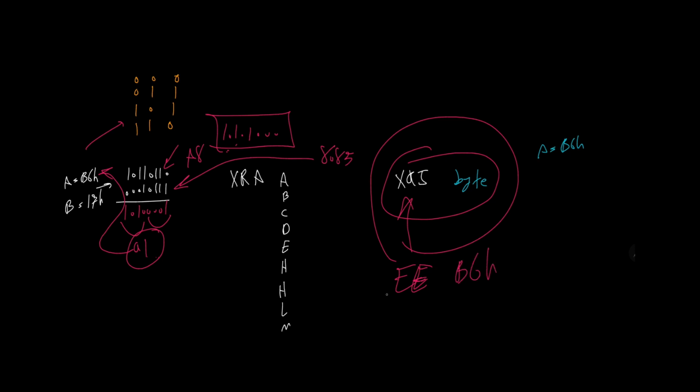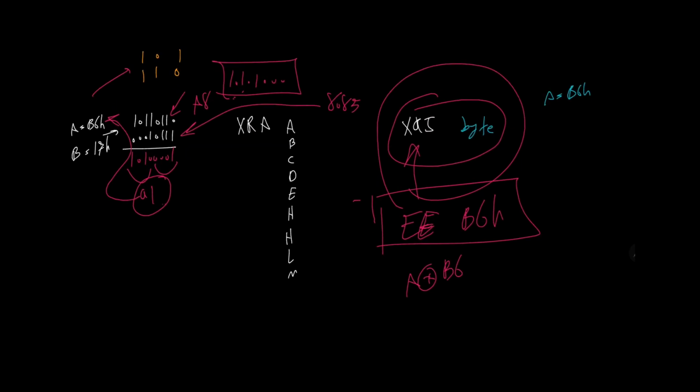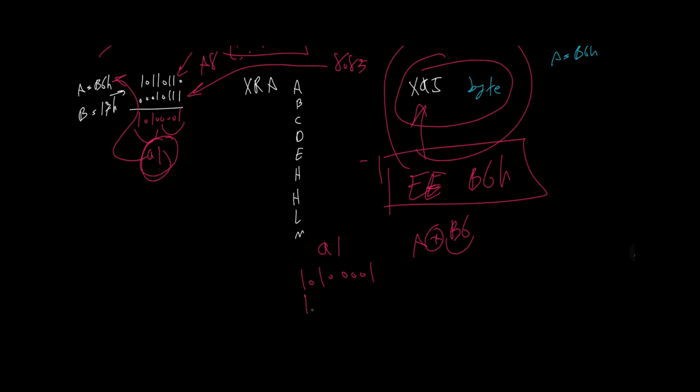This instruction means that I want the contents of the A register to be XOR with the B6 value. So the A register is already equal to A1. A1 in binary is 1010 and 1 is 0001, and B6 is equal to 1011 and 6 is 0110. I hope this makes sense.